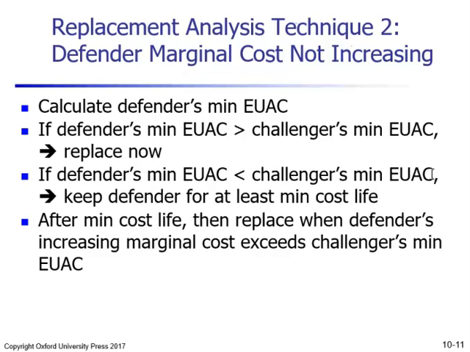But when should we do the replacement, if we shouldn't do it now? Keep the defender for at least the minimum cost life. Because minimum cost life is the time period associated with minimum EUAC. And you just notice that the minimum EUAC of the defender is smaller than the minimum EUAC of the challenger. So in this situation, the defender is the better one. Until when?